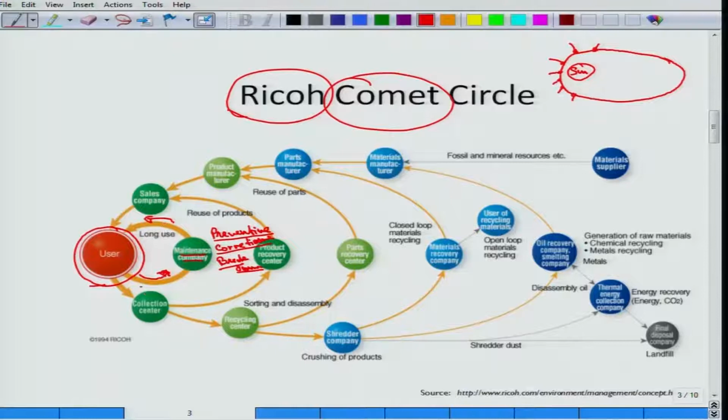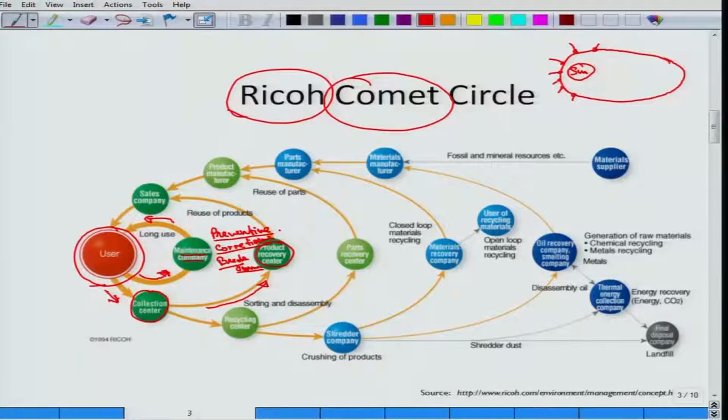Now, the second comet circle is when the product you sell is collected by the collection center. Like they purchase second-hand bikes, they do some maintenance and give it to the second-hand user. In this case they are repairing the bike, or maybe engine overhauling, and a product is recovered here.